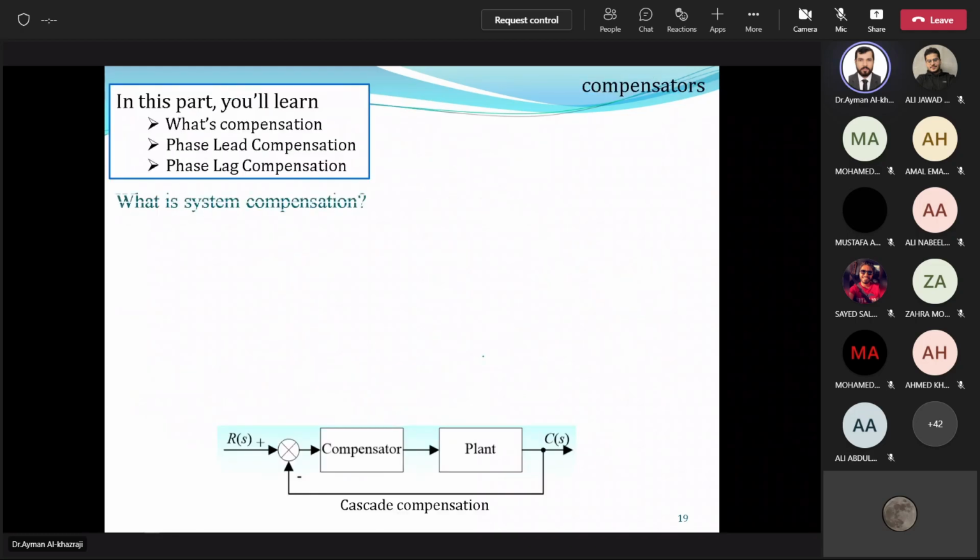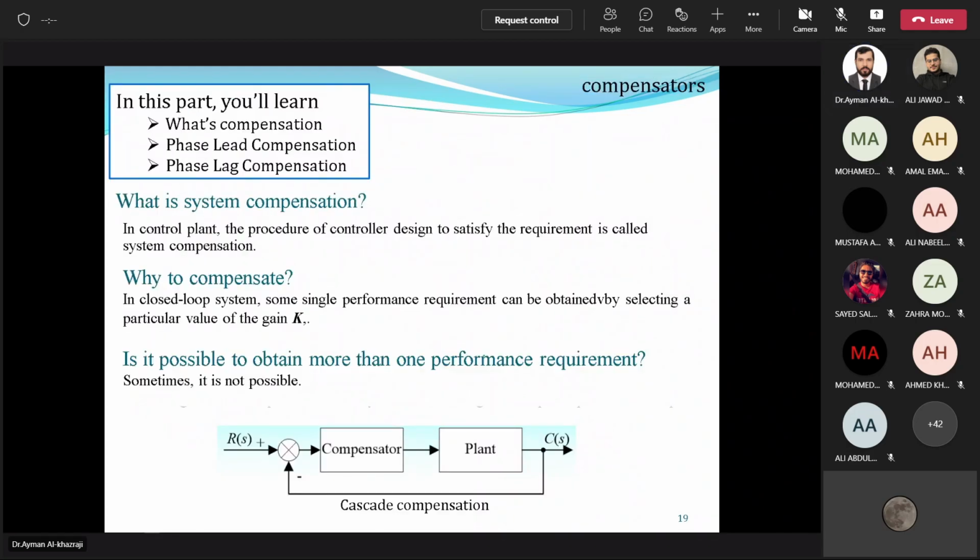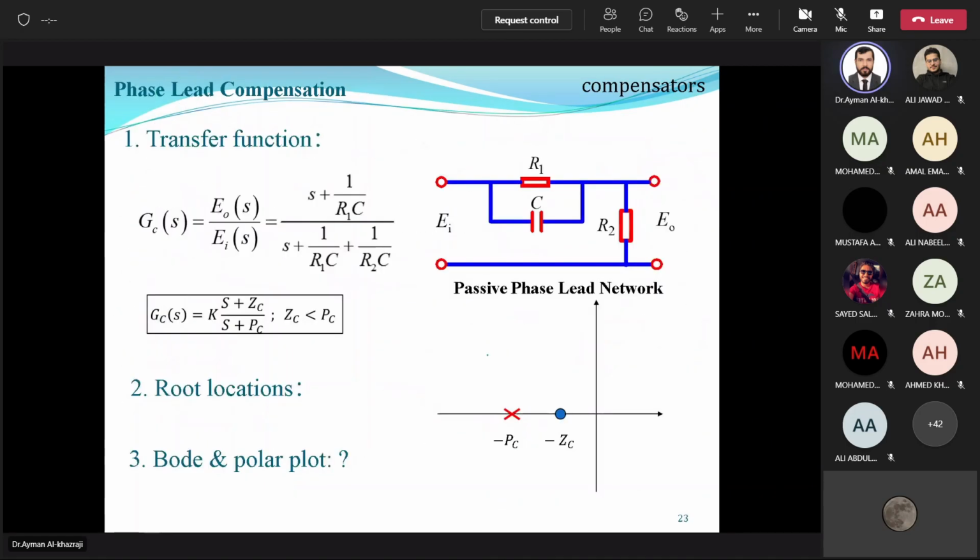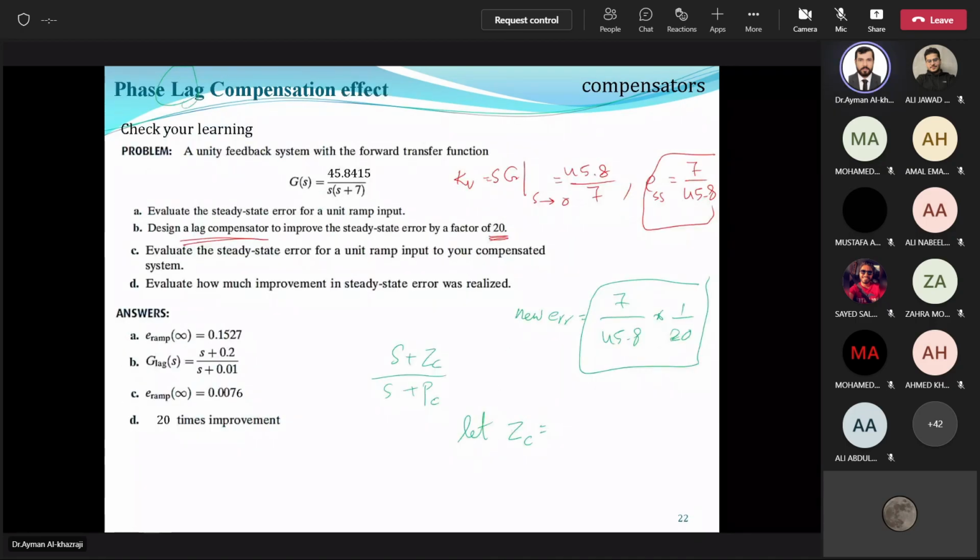So likewise, I will go here. Let ZC equal, I will assume this one 0.2. If this is 0.2, this has to be 20 folds less than. Or I will assume this one and this one will be 20 times. Okay, this is easier.